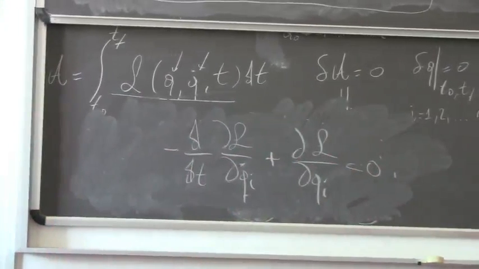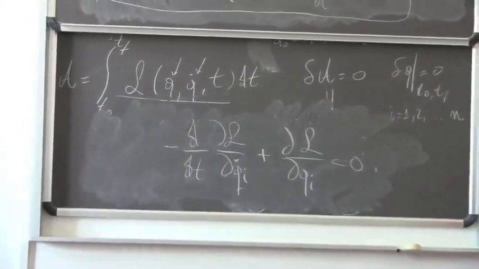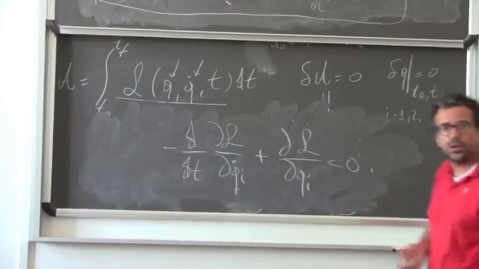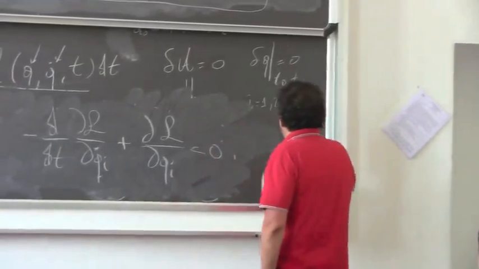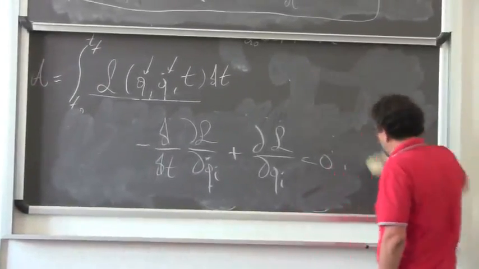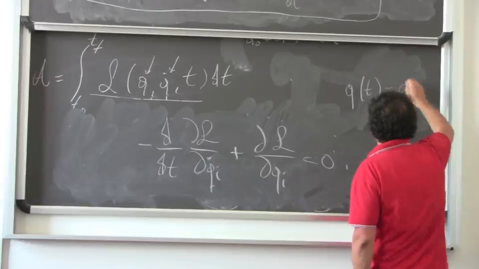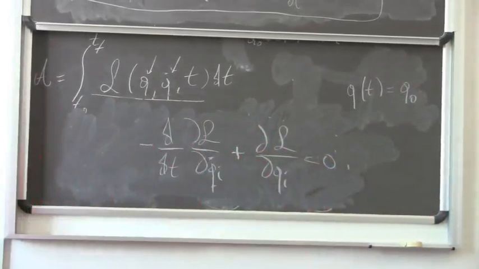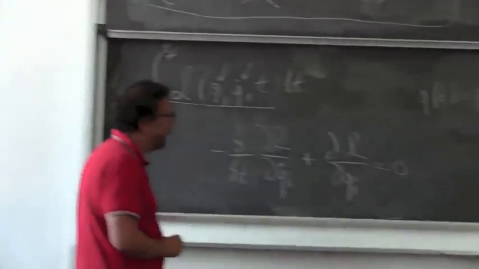An equilibrium solution is a solution in which Lagrange parameters are not depending on time. Equilibrium means that motion is rest. So, Q of t equal Q0 has to be the solution of our system. Okay?